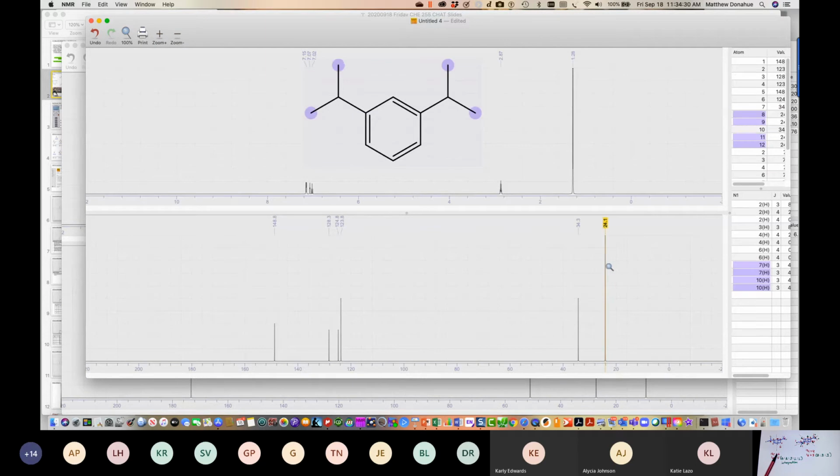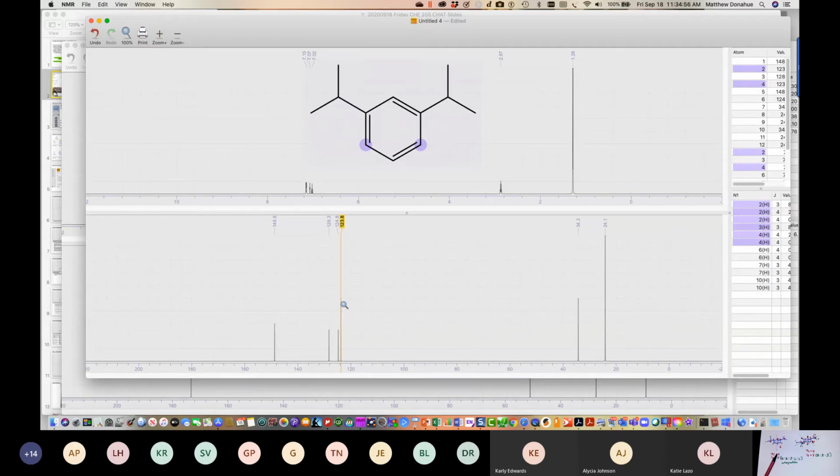So see the chemical shift, 24.1, that's the methyl groups. 34.3, that's the methine. See how their chemical shifts are much separated because they're sp3 hybridized? Now when I move over, I'm getting into the aromatic ring, so these occur in a different region.